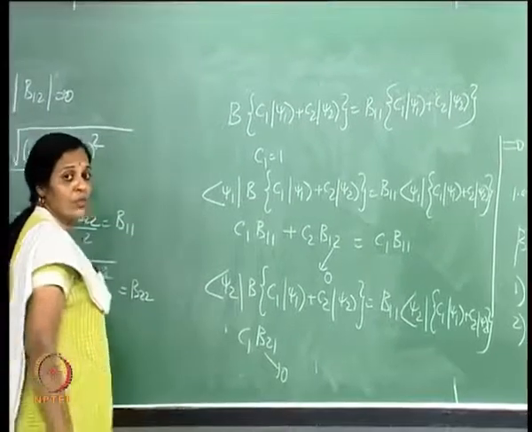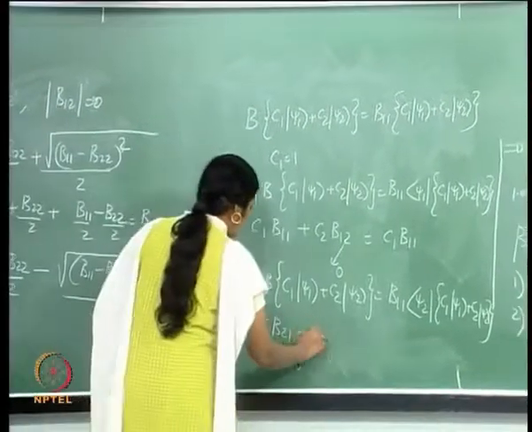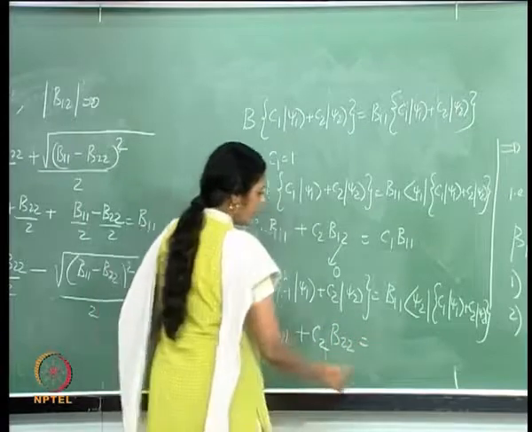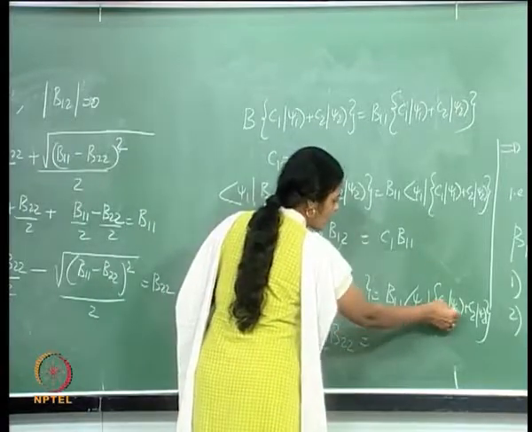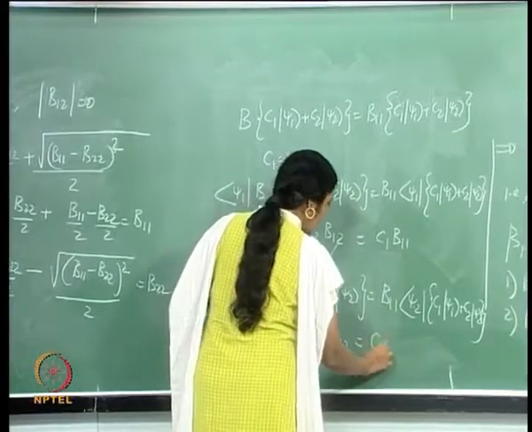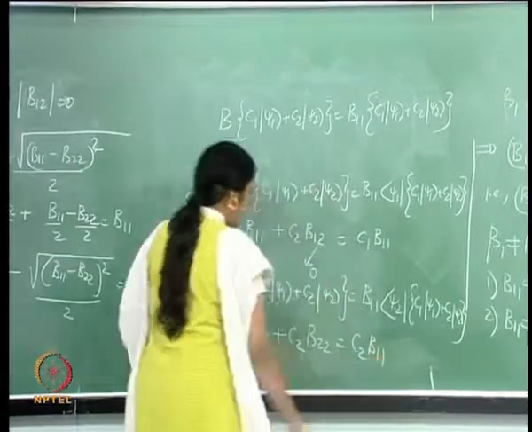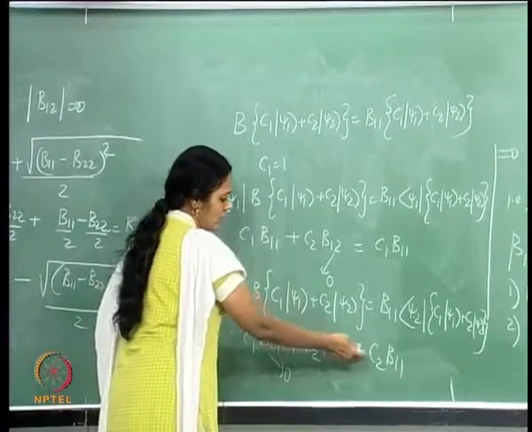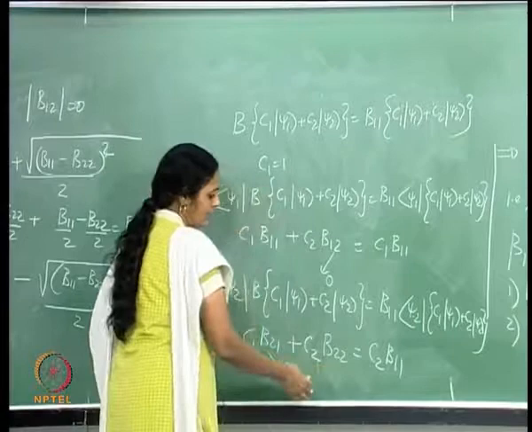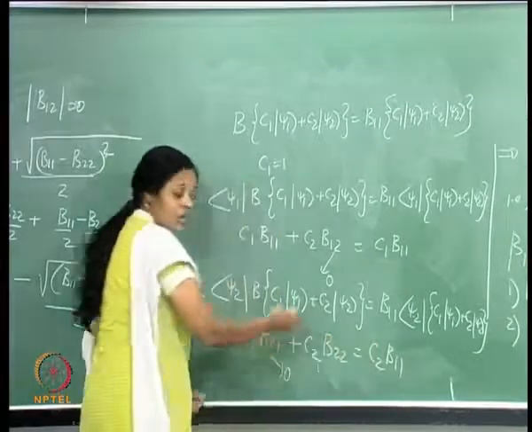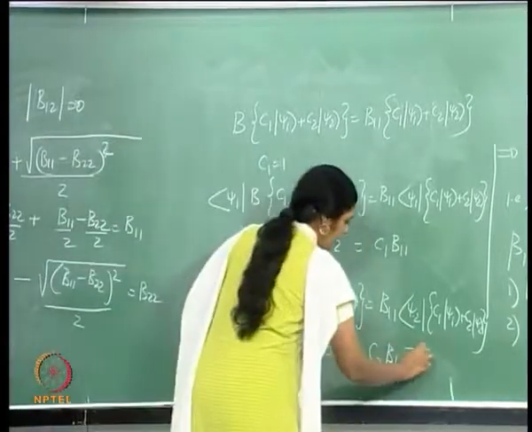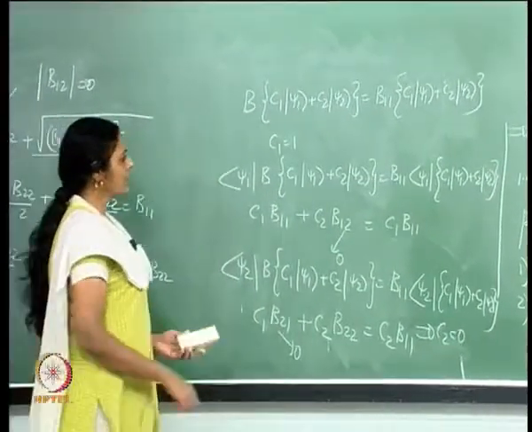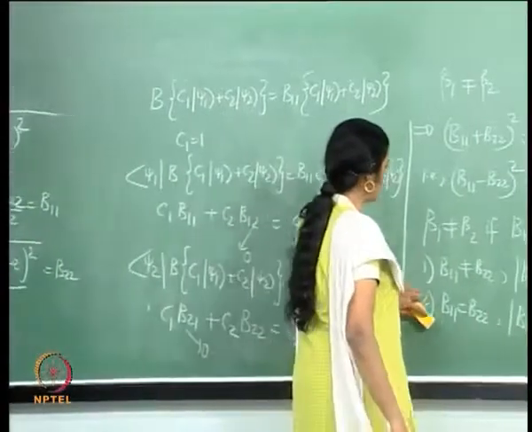If B12 is 0, B21 is 0, plus C2 B22. The first term is 0 because psi 2 psi 1 inner product is 0, but the second term survives, and that is C2 B11. If C2 B22 should be equal to C2 B11 and B11 is not equal to B22, it implies that C2 is equal to 0. In other words, I have established the following.